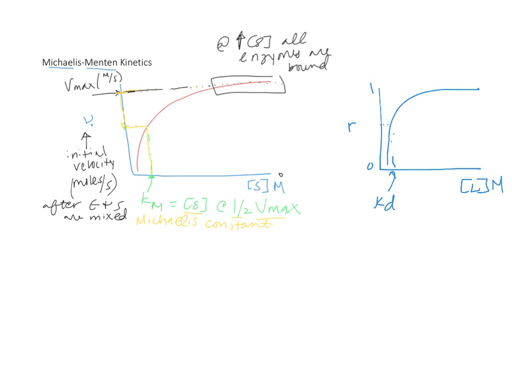Km and Kd are different, because with Km we're working with an enzyme, so the thing that it binds gets turned over into a whole different product, whereas a ligand comes in and comes out, and it's still the same when it comes out.